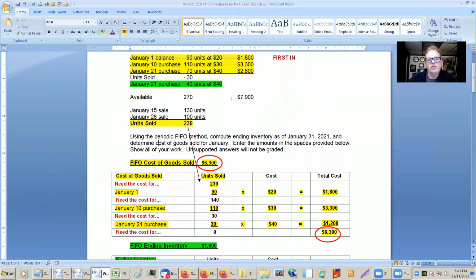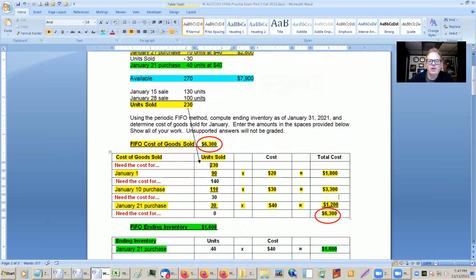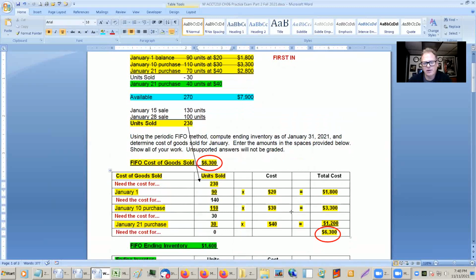Okay, so part 2, I want to show you something about this one. So you sold 230, and if you go through the steps, this being the first in, take the first 90, and so on. You get it, I think, so far. So here's the thing.